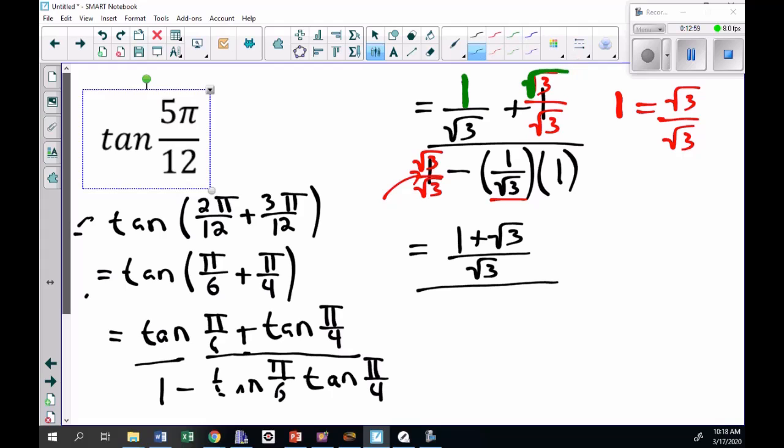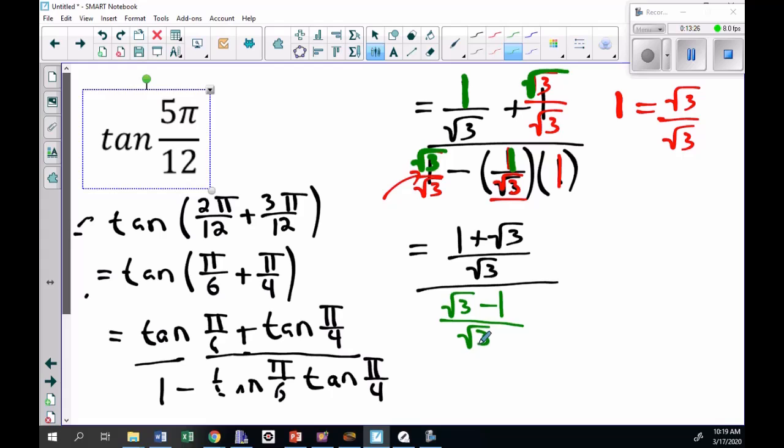For my denominator, I know that 1 over square root of 3 times 1 is just 1 over square root of 3. I'm not going to worry about that too much. But I do have this in a common denominator, so I get square root of 3 minus 1. So we get square root of 3 minus 1 all over square root of 3.